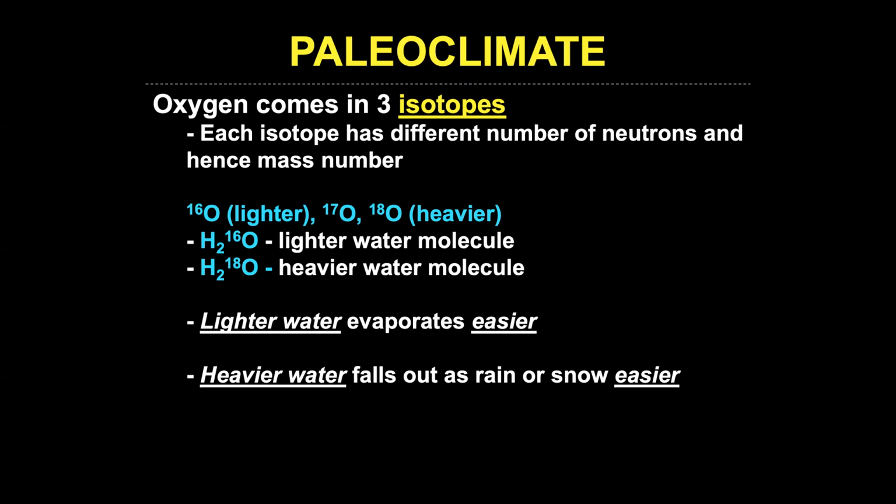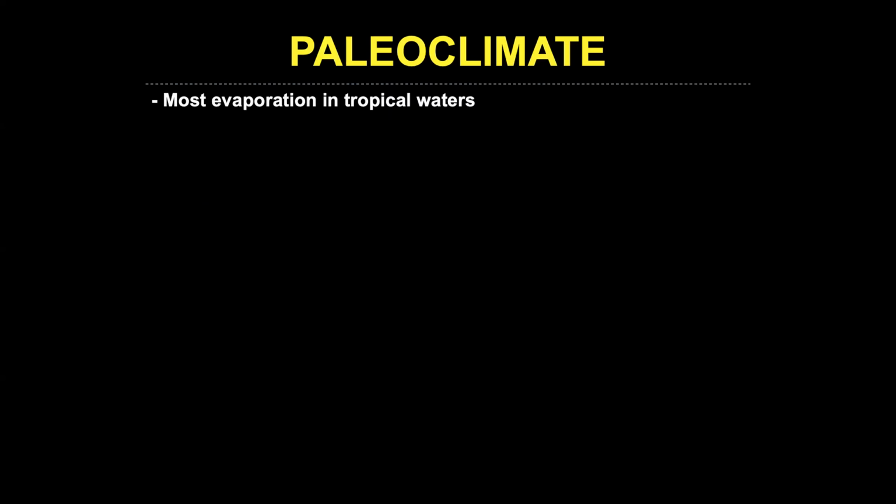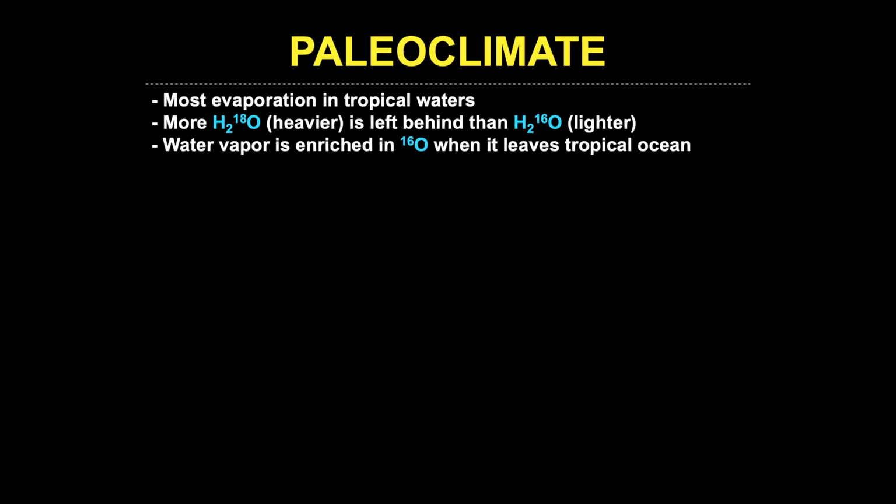So now, in the tropics, you have more evaporation because it is hotter. Because it is hotter, there is more H2 18O left behind because it's heavier. Get it? So the water vapor that makes it further north is richer in oxygen-16 because it's lighter. It remains in the atmosphere longer.